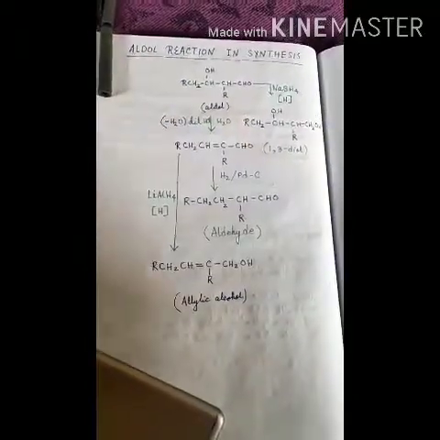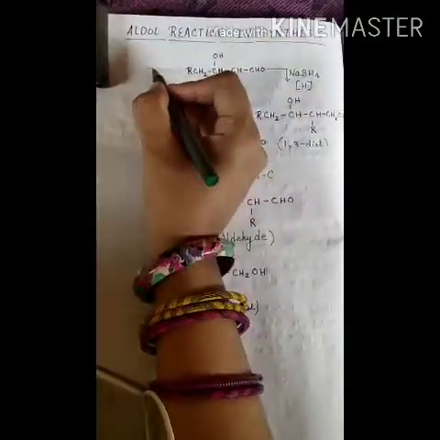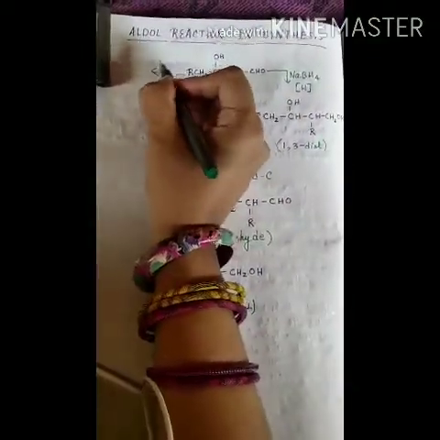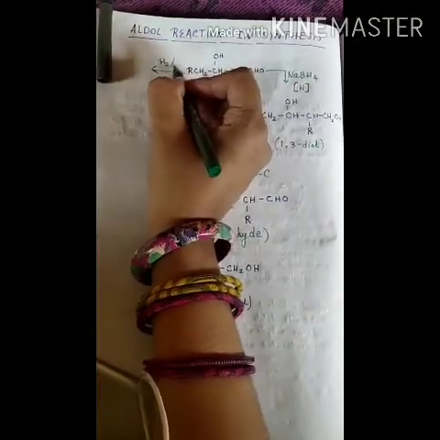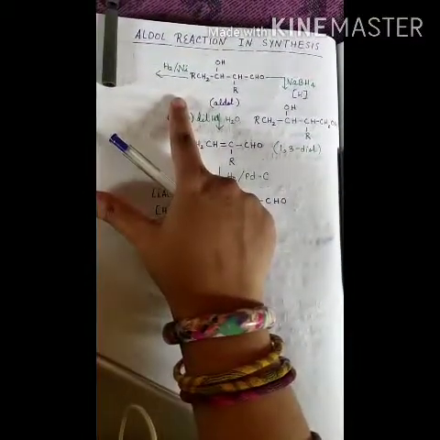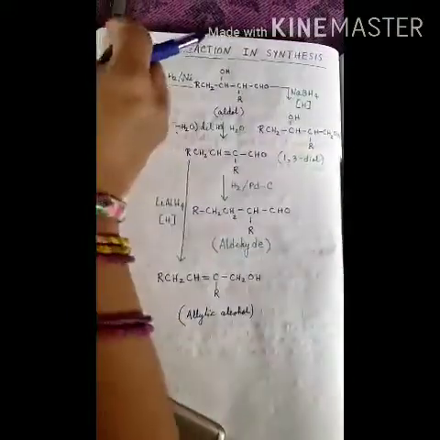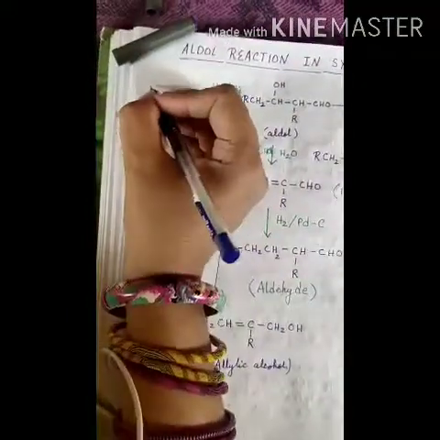Now if this aldol is treated with hydrogen with nickel catalyst, the catalyst is changing and we have taken H2/Ni, then what happens? Then the reduction takes place in both the positions, here in the double bond and here in the aldehyde group. And what we get as the product?